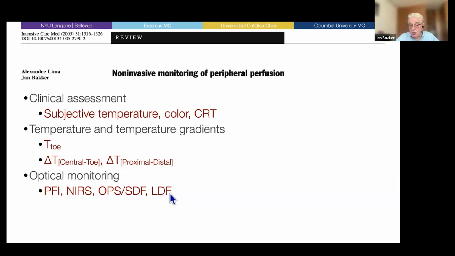Laser Doppler flow, we have exciting research going on here in Chile and Colombia, where we can identify the role of the nervous system and the myogenic system in peripheral perfusion using laser Doppler flow. So that's, let's say, expensive and more labor intensive.